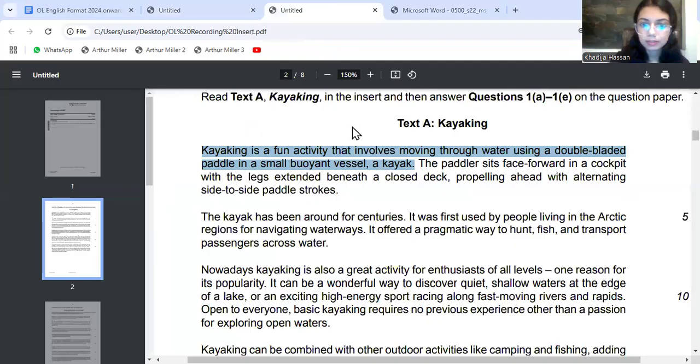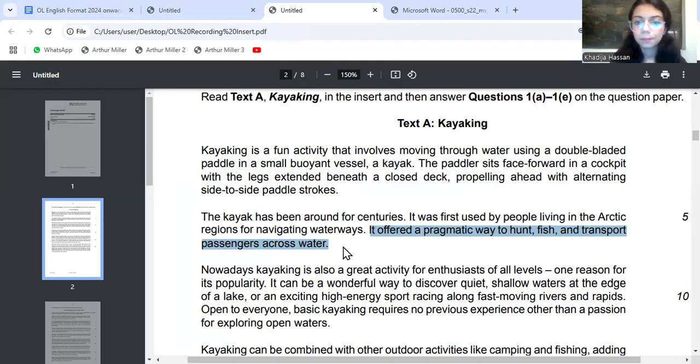This is line 6. 3, 4, 5, 6. It offered a pragmatic way to hunt, fish, and transport passengers across water. What offered a pragmatic way? The kayak has been around for centuries. It was first used by people living in the Arctic regions for navigating waterways. It offered a pragmatic way. So for way, it could be method. So see, way could generally also mean path, but here it doesn't mean path, right?